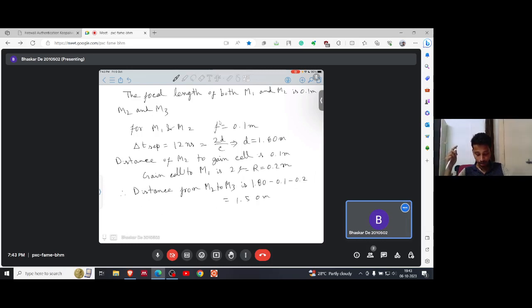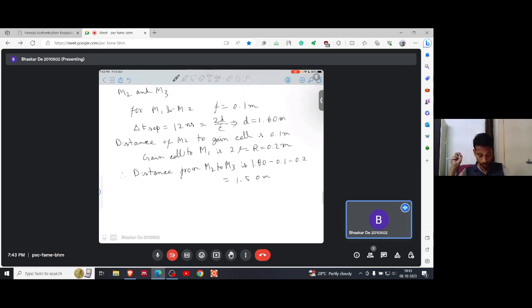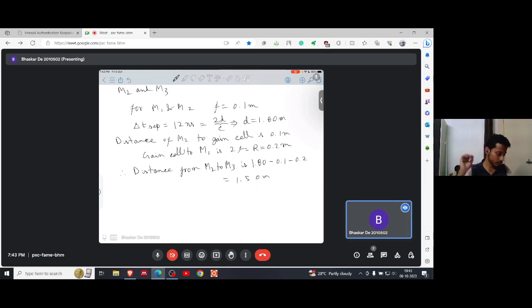So now the distance of gain cell to M1 is 2F, that is 0.2. So the distance from M2 to M3 is just the subtraction of 0.1 and 0.2 from 1.8, and you get 1.5 meter.